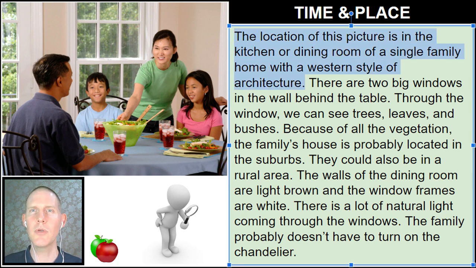The location of this picture is in the kitchen or dining room of a single family home with a Western style of architecture. There are two big windows in the wall behind the table. Through the window, we can see trees, leaves, and bushes. Because of all the vegetation, the family's house is probably located in the suburbs.